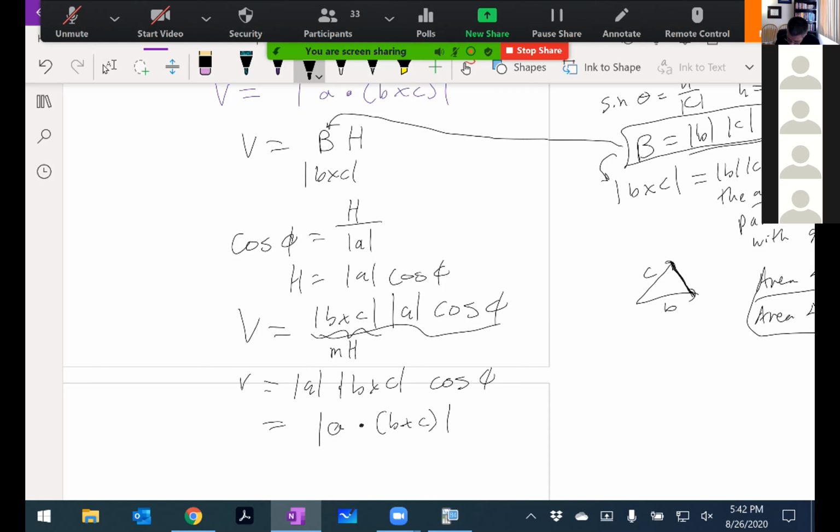Okay, and so that's the volume there of my parallelepiped.